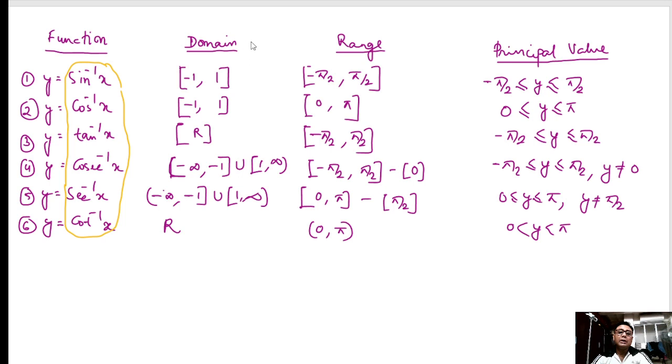We will study what are the different values of x you can put, where x means the values you can put, and y is the angles which you will get. Here we are dealing with the inverse, so please take care about what values of x we will put and what values of y, the angles, we will get. So let's get started one by one.